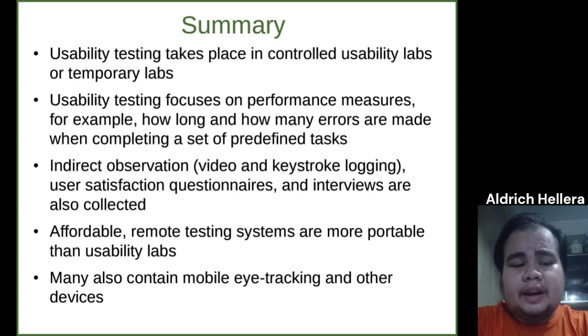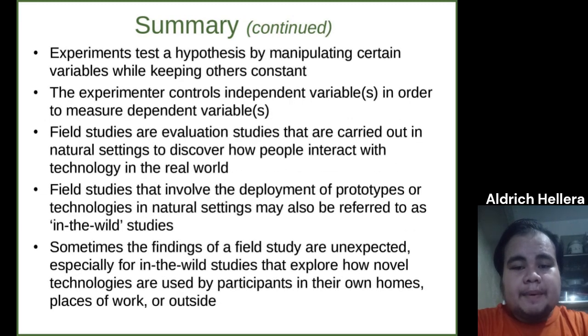Indirect observations were also made, in which user satisfaction and interviews are collected. Many usability tests also contain mobile eye tracking and other devices. The experimenters test a hypothesis by manipulating certain variables while keeping others constant.